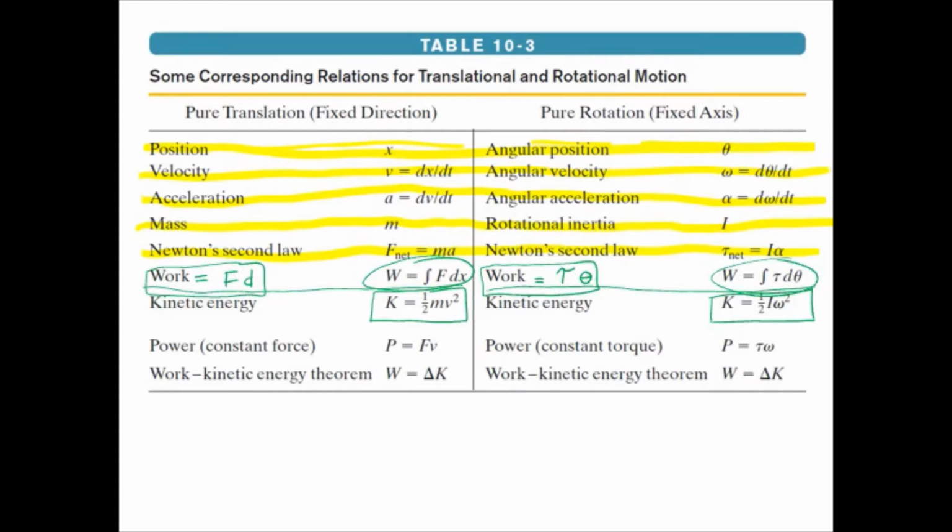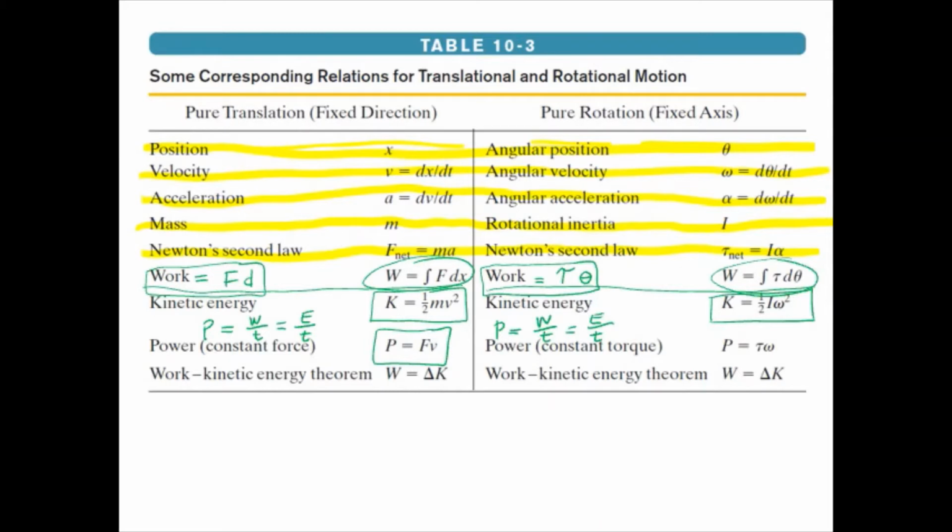Okay. Then we end up with our power equation. If you remember, power is the time rate at which work is being done, or the energy is being expended. And so that rule stays the same. It's work per time or energy per time. However, if you remember, we also talked about the power equation for a car going up a hill.